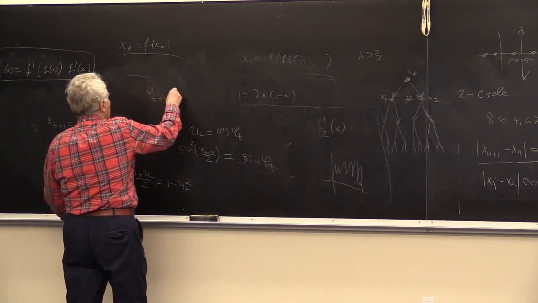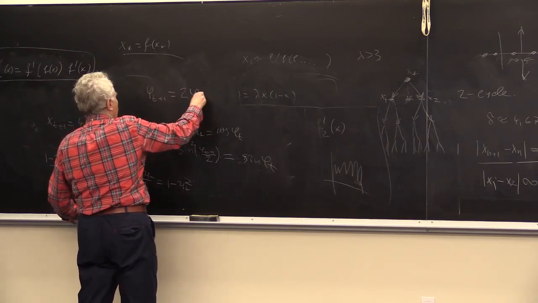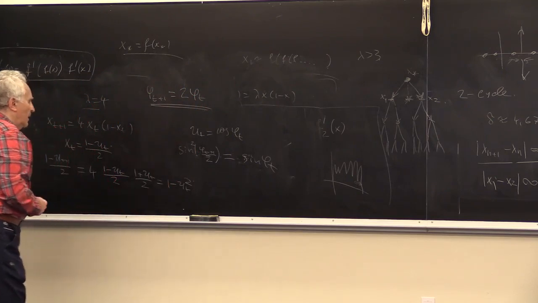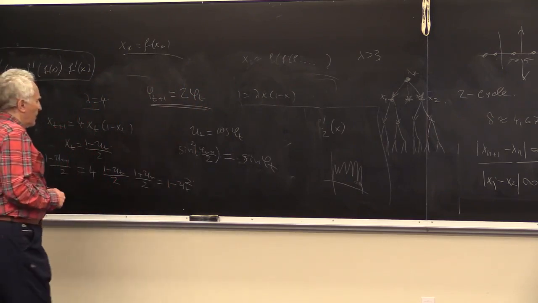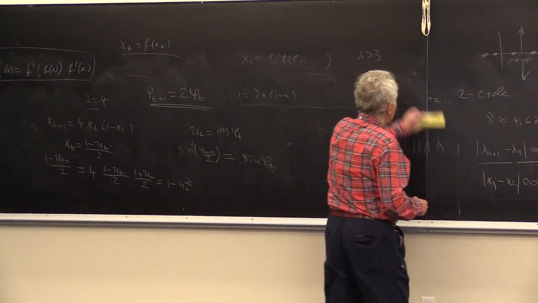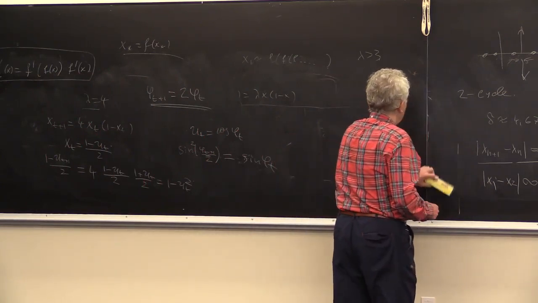Phi_{t+1} equals 2 phi_t. Nevertheless, this solution is chaotic.